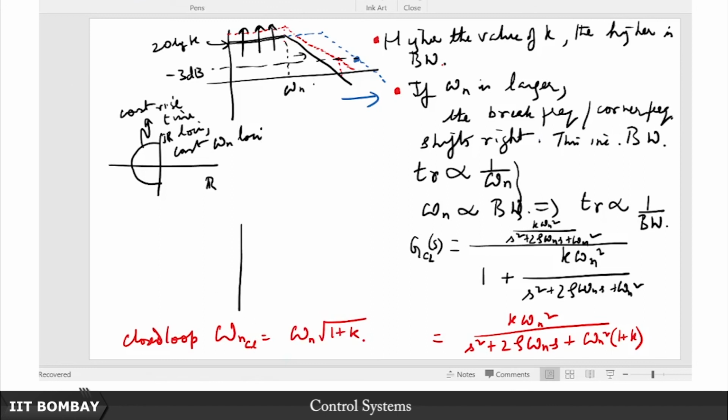So what happens if you choose a high value of k? Up until now we have just discussed the bandwidth of the open loop transfer function. Let me be very clear about that. We've seen that if you design the system's components, let's say physical components, such that omega n is increased, you'll obviously have a larger bandwidth. Similarly, if you have a controller in the open loop configuration and you increase the controller's gain, it will also increase your system's bandwidth.